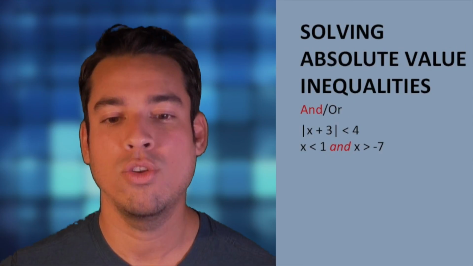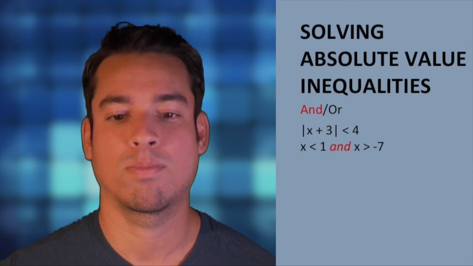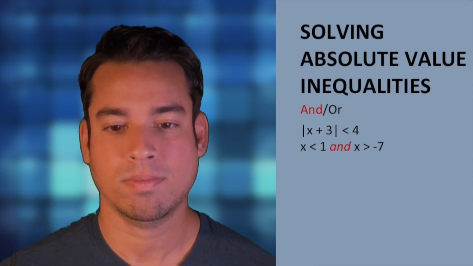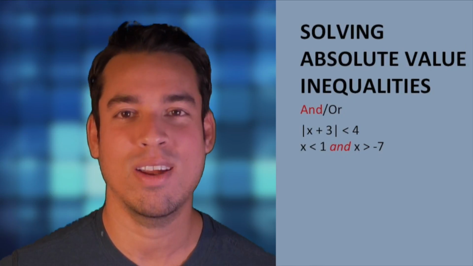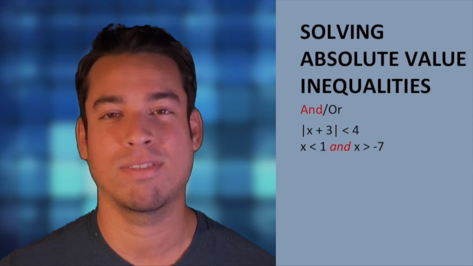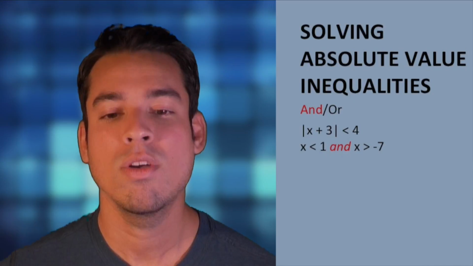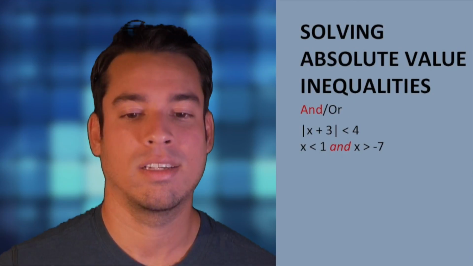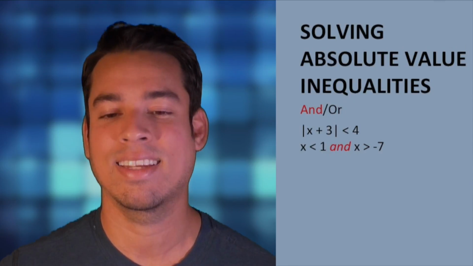A value of, let's say, -8 would satisfy the x is less than 1 condition, but it doesn't satisfy x is greater than -7, so it doesn't work. It has to satisfy both. An example that would satisfy both is x is -3. -3 is greater than -7 and less than 1.